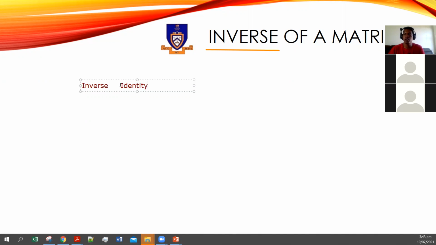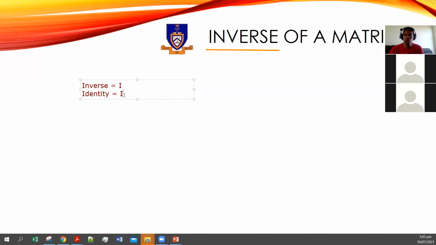You will see that because these two words both have the letter I at the beginning, sometimes in some textbooks, for inverse they will say find I, and for identity they will also say find I. So you also have to be very careful which I we are looking for.